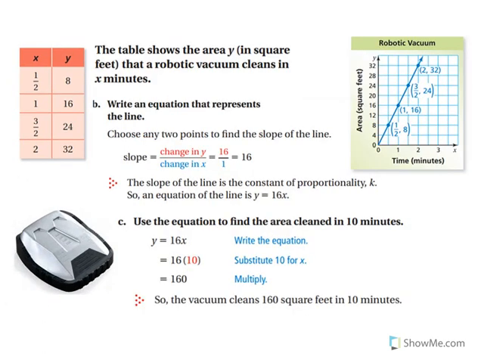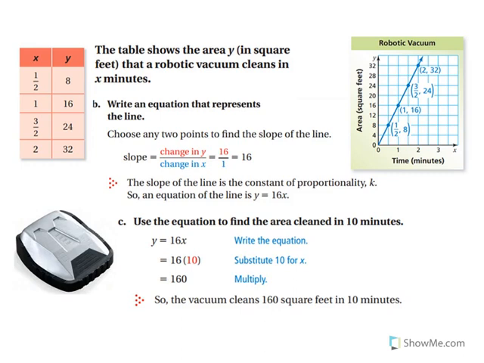We can also move over here, and it says, again, the table shows the area y in square feet that a robotic vacuum cleans in x minutes. Write an equation that represents the line. So what we're going to have to do is figure out what the slope is.